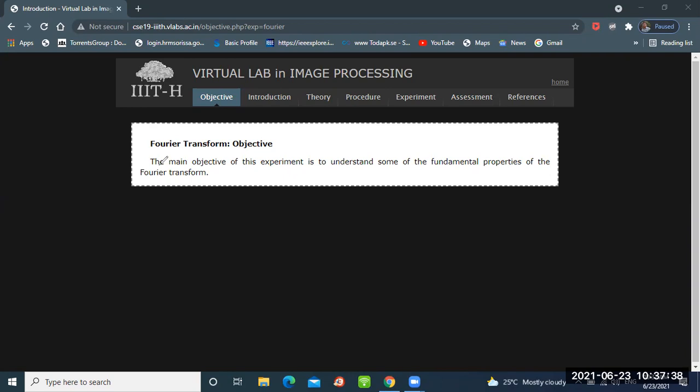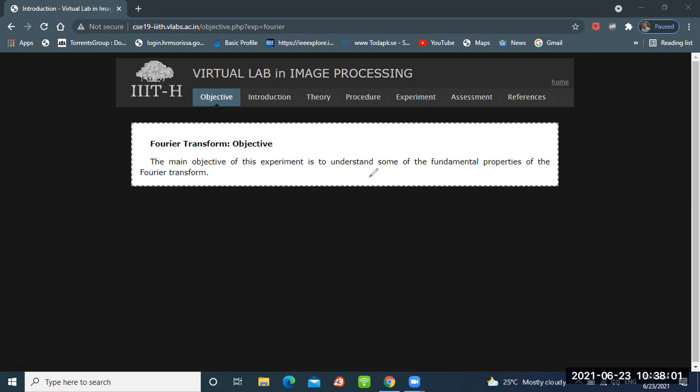One of the formats that you are very familiar with is the spatial domain representation, where we represent the image in terms of pixels. Each pixel has a coordinate x and y, and f represents the intensity level at the pixel.